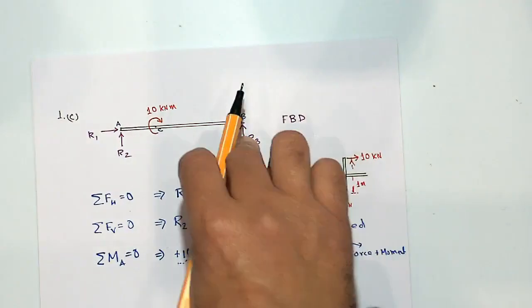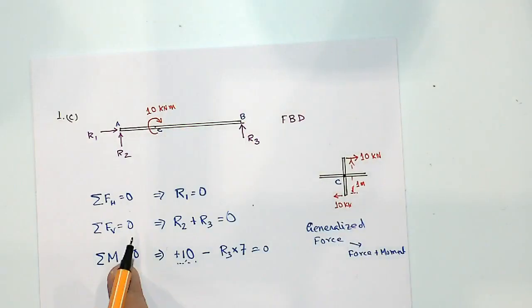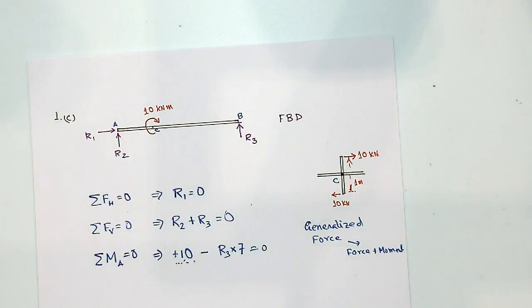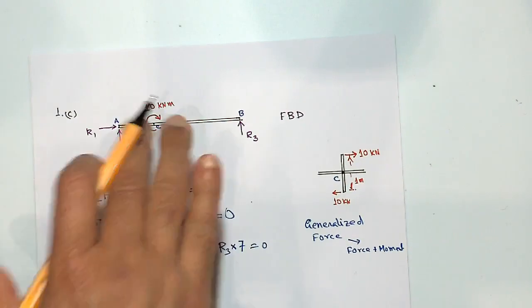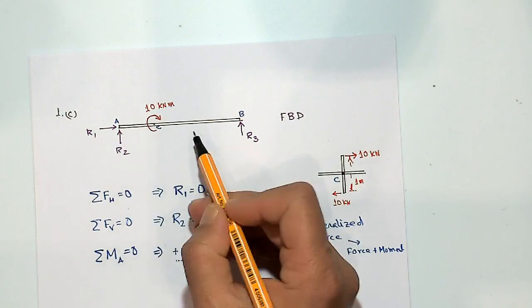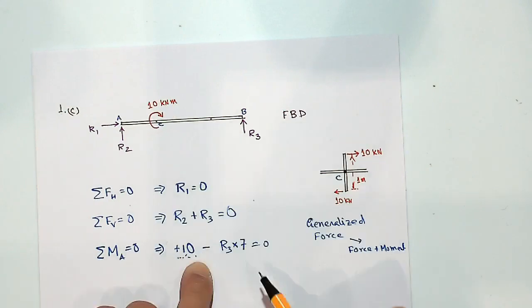A load you need to convert to moment in the moment equation by multiplying by the lever arm. But if something is already a moment, it doesn't matter what the distance is from where you are considering moment. So the equilibrium equation would still be 10 minus R3 times 7.